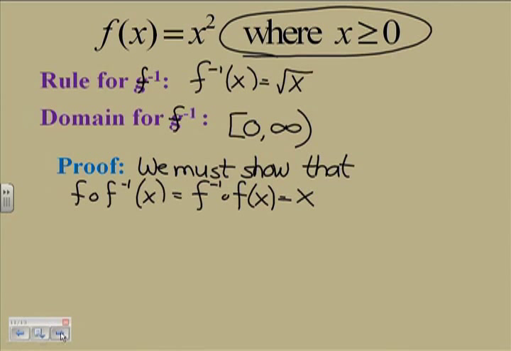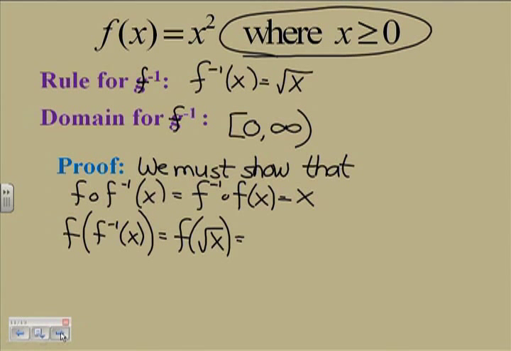Now remember, the whole idea is that whatever I start with, I have to end with if these guys truly are going to undo each other. All right? So I say, all right, let's start with this one. f of f inverse of x. Well, let's see here. If I put x into the inverse function, I get out the square root. Well, then what does the f function do? He squares it.